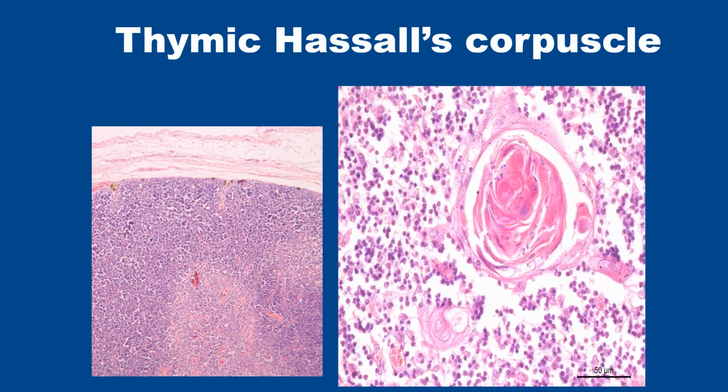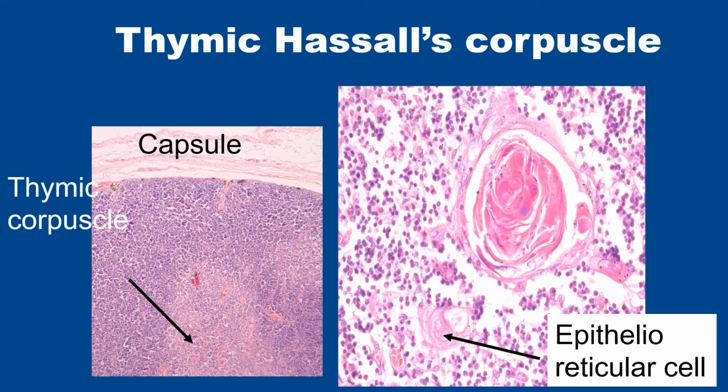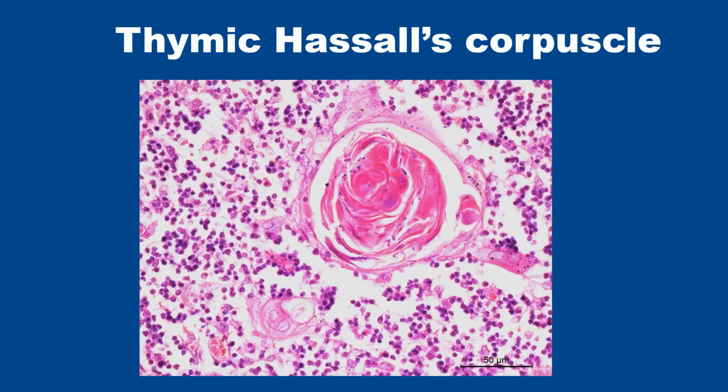This is the lower and higher power picture of the thymus, showing the capsule, the thymic corpuscle, the epithelioreticular cells. Here is one big Hassall's corpuscle in higher power.